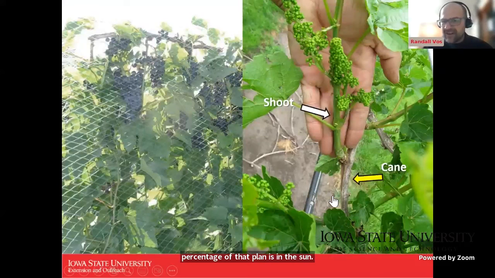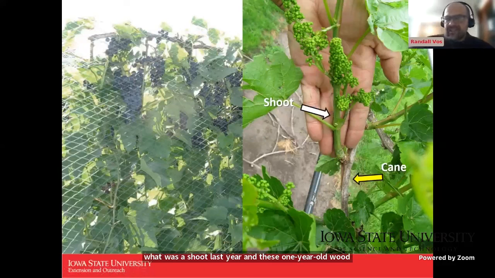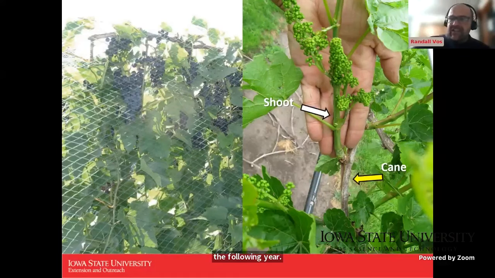So canes are what was a shoot last year, and these 1-year-old woods called canes are what actually produce fruitful shoots the following year. Shoots can come off of old wood as well, and they may or may not have clusters on. Some do, some don't, but canes are what produce fruitful shoots the following season.